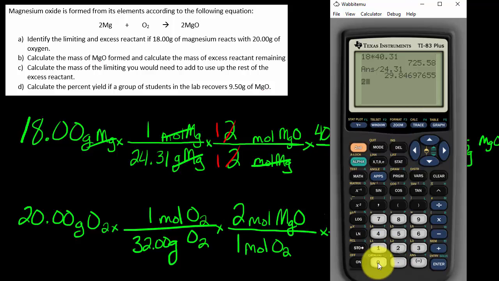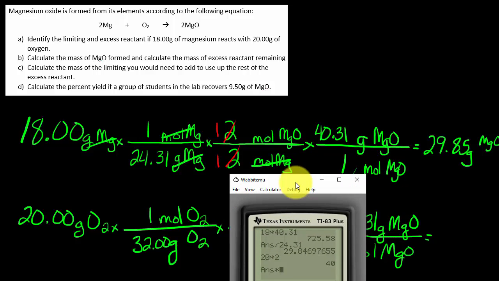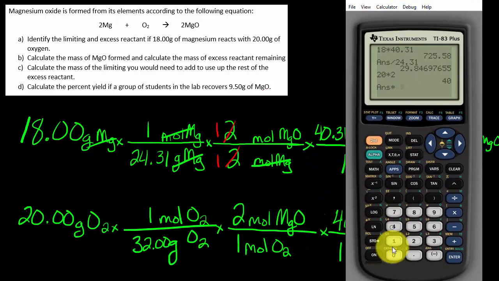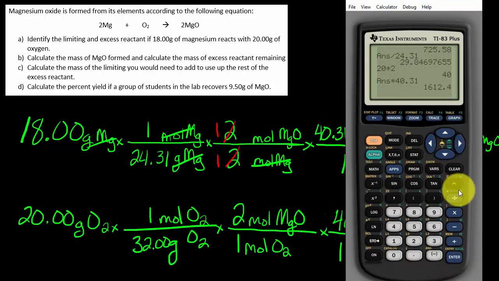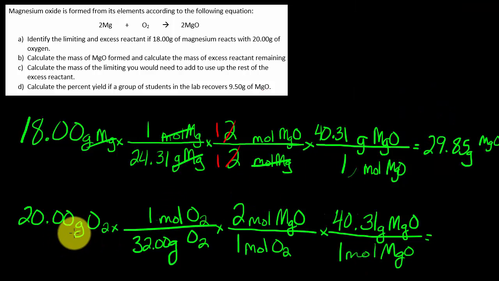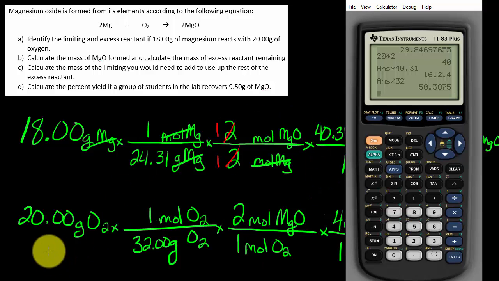We have 20 times 2, which we could have done in our head, 40, times 40.31 divided by 32. And that leaves us with 50.38. And with the 4 significant figures here, we would round this to 50.39. The 7 will bump the 8 up to a 9.